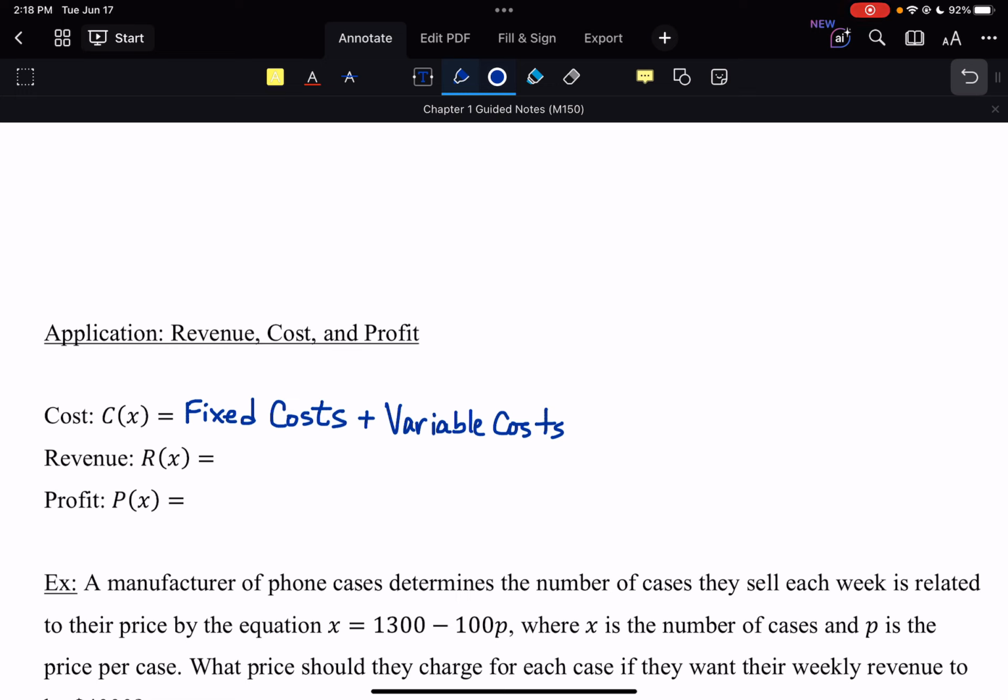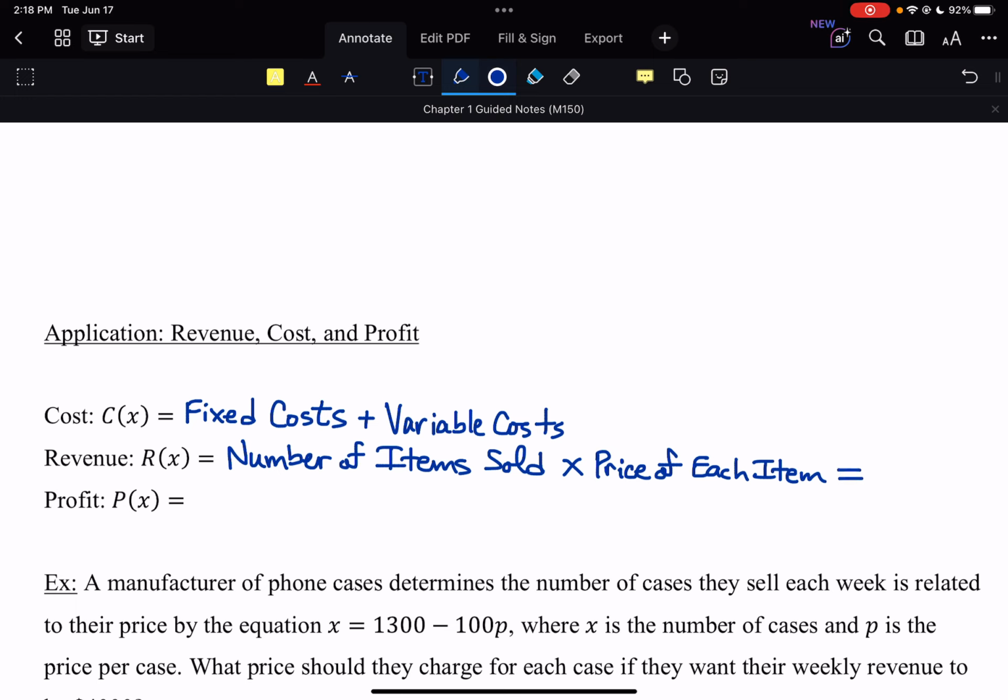So the cost is the money that we're losing that's going out. The revenue is the money that's coming in. So to calculate revenue, we take the number of items sold times the price of each item.